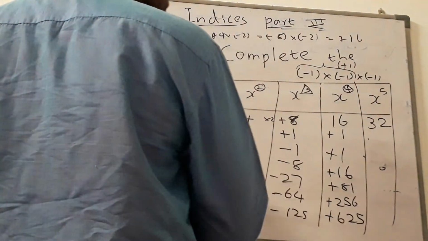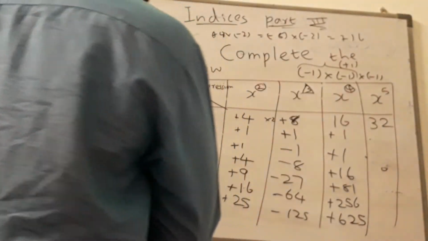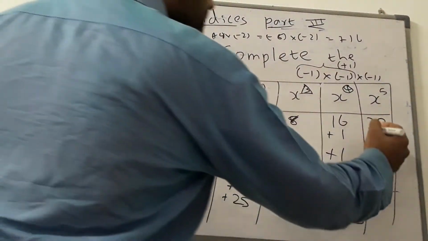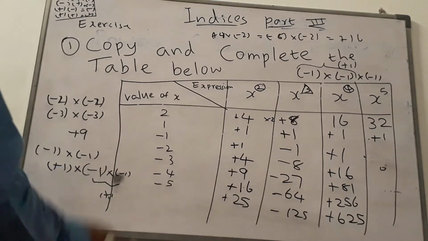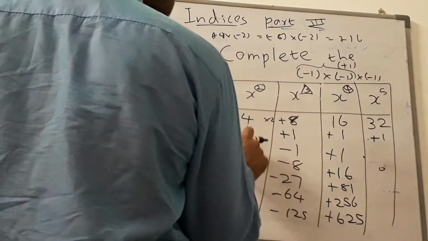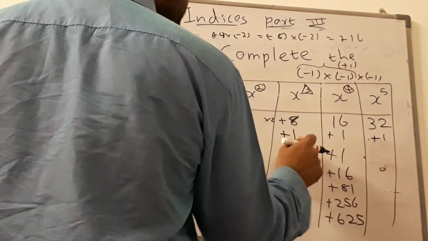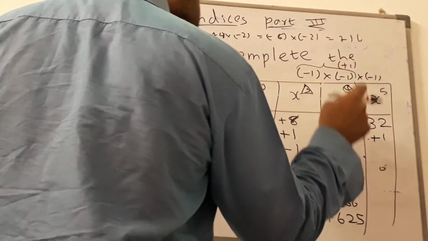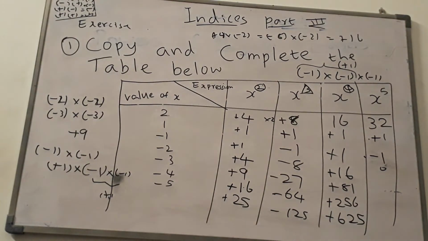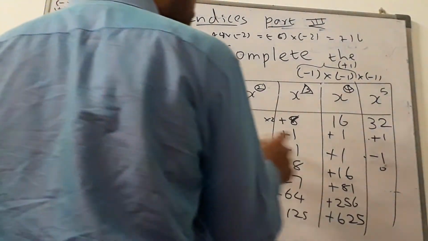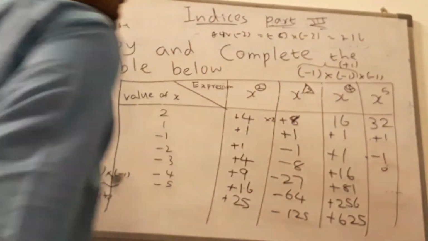Plus 1, however many times we multiply 1 by 1, the answer is plus 1. Then minus 1. Minus 1 times minus 1, plus 1, plus 1 times minus 1, minus 1, minus 1 times minus 1, plus 1, and this plus 1 times minus 1, again minus 1. Minus 1, plus 1, minus 1, plus 1, minus 1.